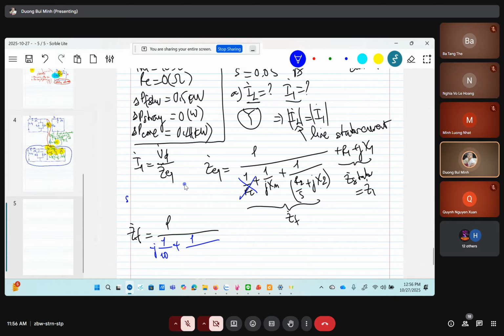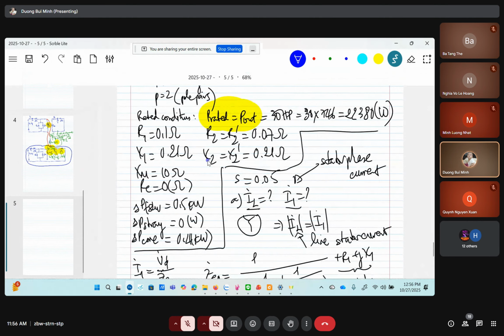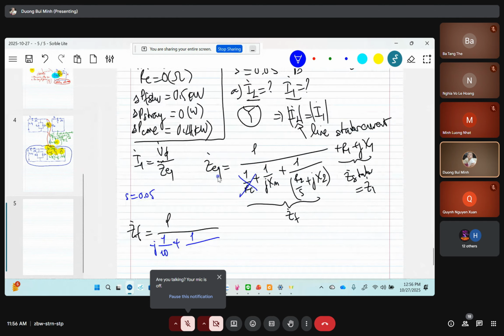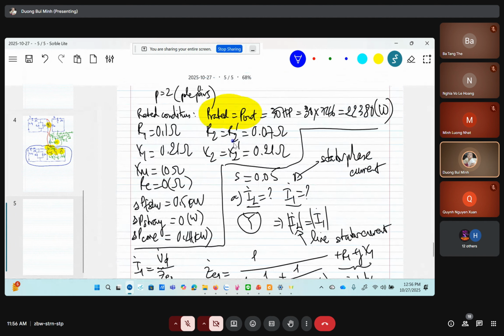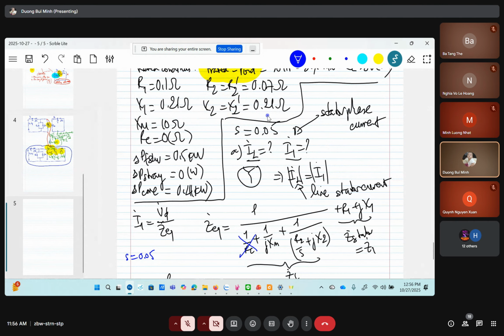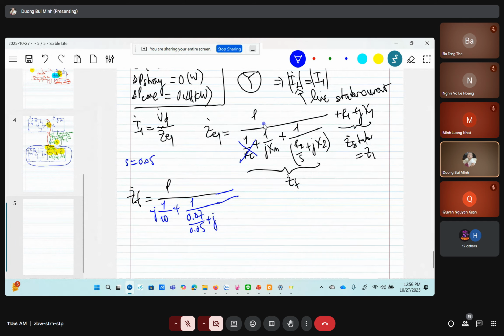Plus 1 over R2 over S. S we have already, 0.05. R2 is 0.07, so 0.07 over 0.05, plus jX2, X2 is 0.21. So how many, please? Magnitude and phase angle in degrees.